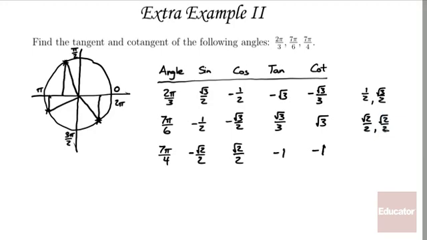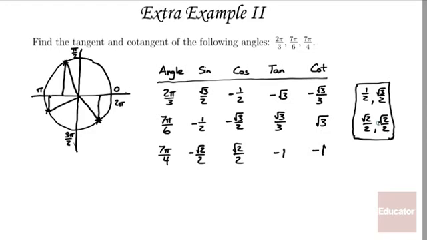So if you remember those common values, then you can draw a triangle anywhere else in the unit circle and just figure out which of these values is the sine and which one is the cosine. And also you can figure out which one is positive and which one is negative. And then to get the tangent, you just divide the sine and the cosine together. Same for the cotangent.